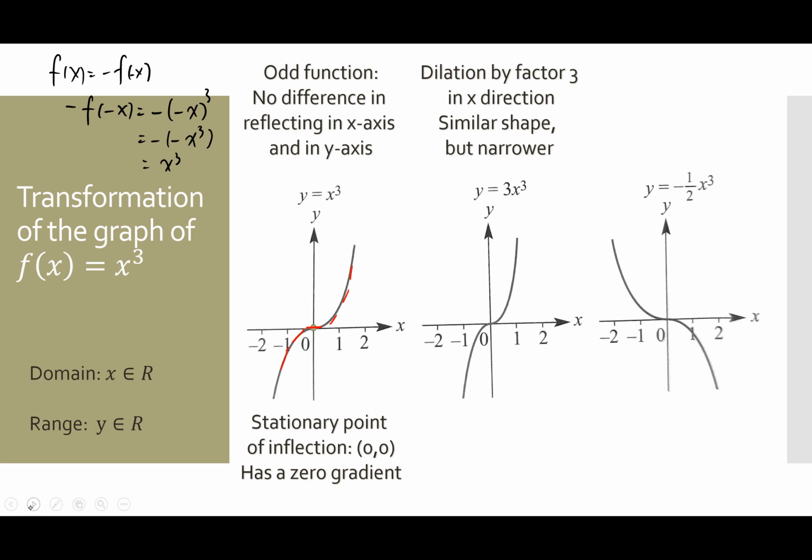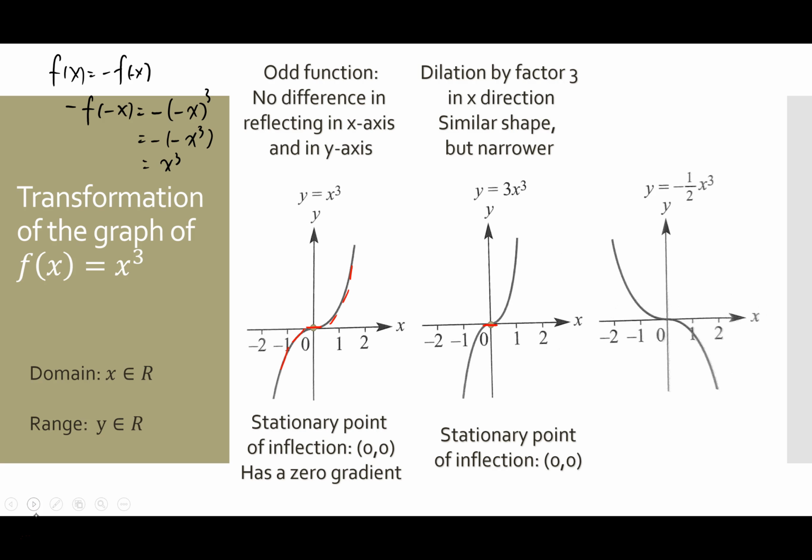The second graph, which is y equals 3 times x to the power of 3, has a dilation by factor 3 in the x direction. It has a similar shape to the basic cubic function, but the graph now looks narrower. Again, there's an important point at the origin, which is (0, 0), and this point has a horizontal tangent and gives you 0 gradient.